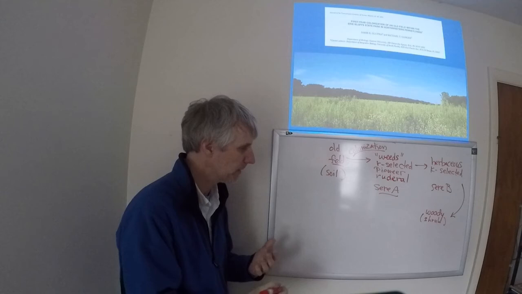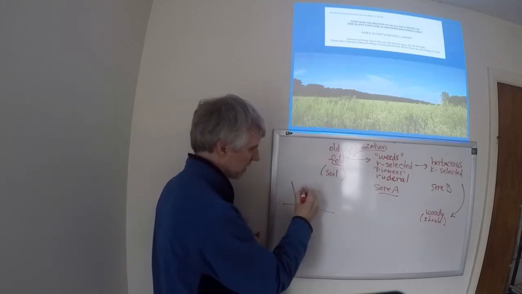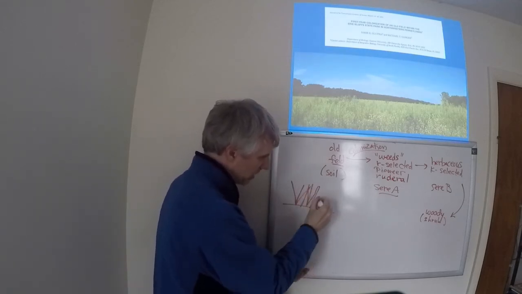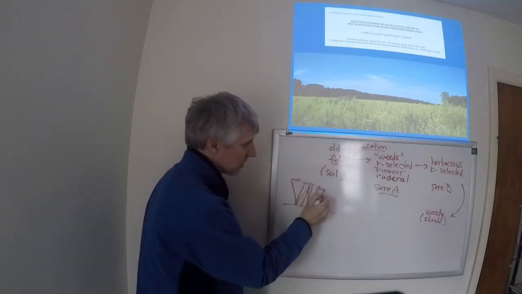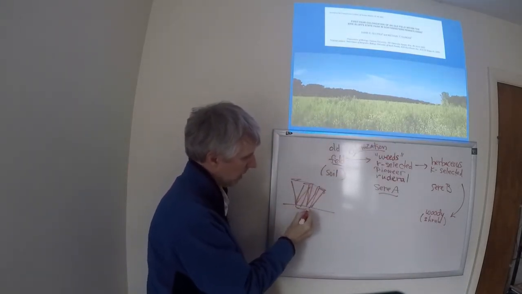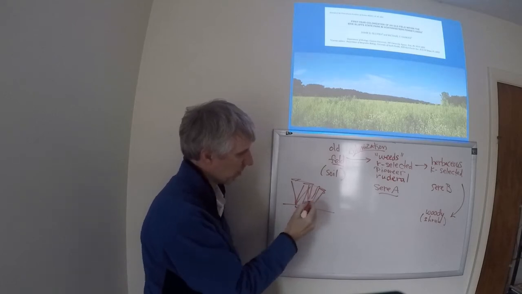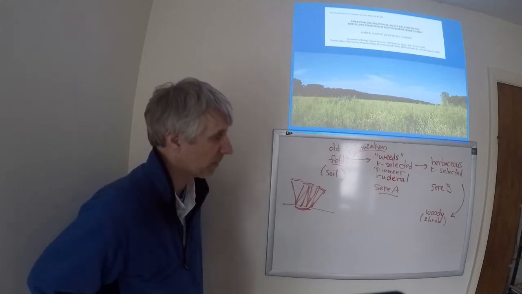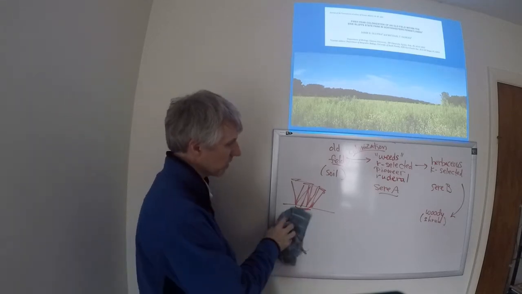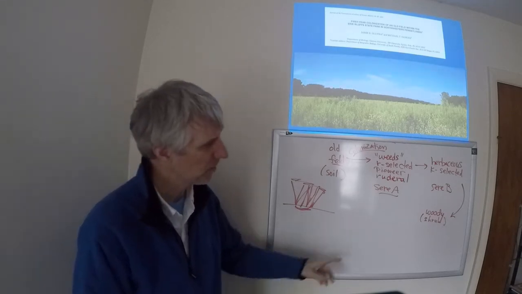They make wood, but the plant itself has multiple woody stems. This would all be one sumac plant, all connected underground, but there are multiple stems coming out of the ground, all belonging to the same genotype. Okay? So these woody plants begin to show up.